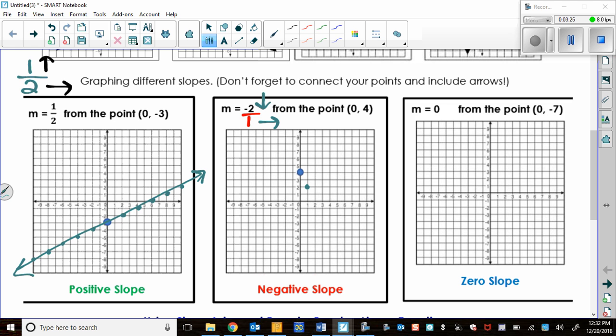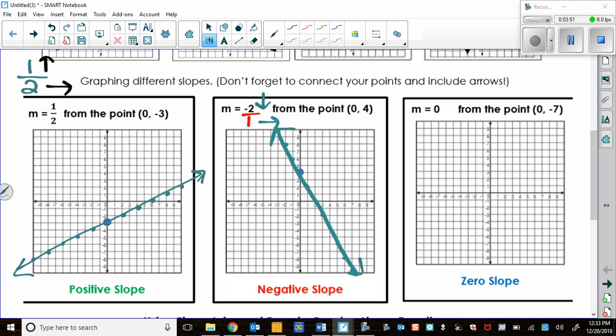Same thing, down 2, right 1, down 2, right 1. Notice how the spaces are still the same. And then finish the graph on this portion doing the opposite. So instead of going down 2, I'm going to go up 2 and to the left 1. Connect your dots, and make the line.